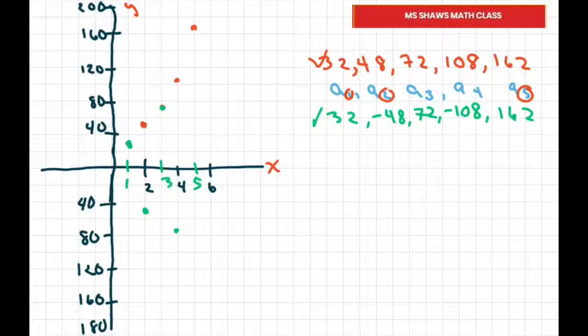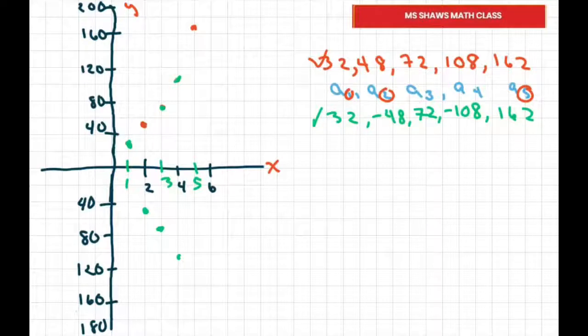At 3, sorry, we're at 72. At 4, we're down here at negative 108.